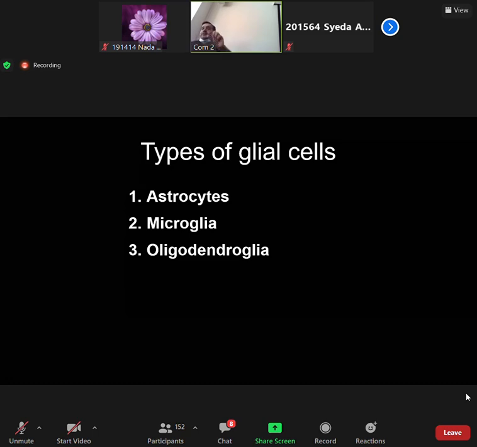The antibodies are produced against the myelin sheath in the central nervous system, resulting in demyelination. So oligodendroglia are important in terms of myelination of neurons in the central nervous system. Schwann cells, on the other hand, are important for the myelination of neurons in the peripheral nervous system.